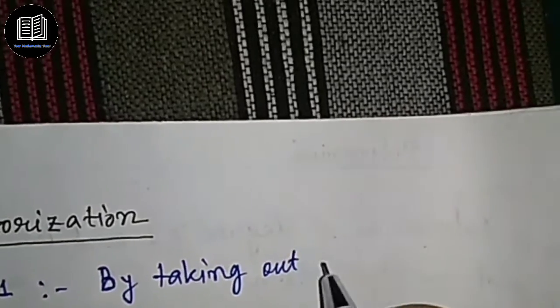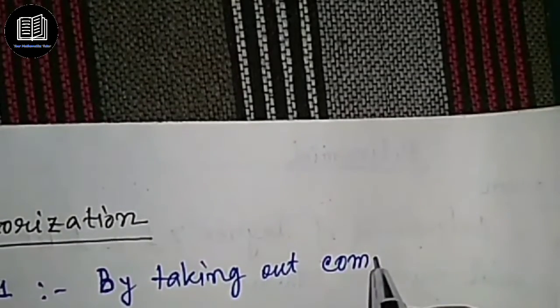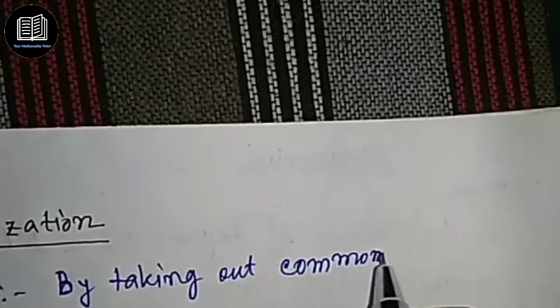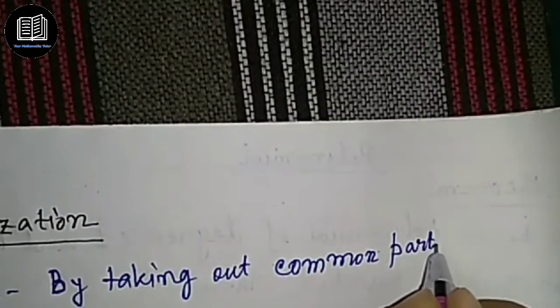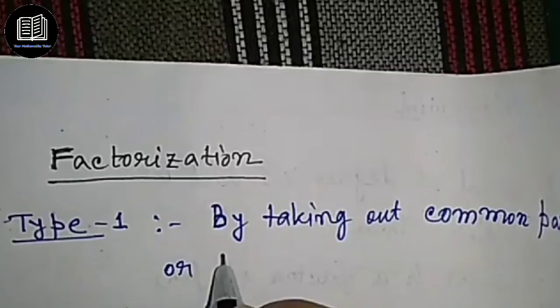We can factorize a polynomial by many methods. First, we discuss one method by taking out common parts or by grouping.